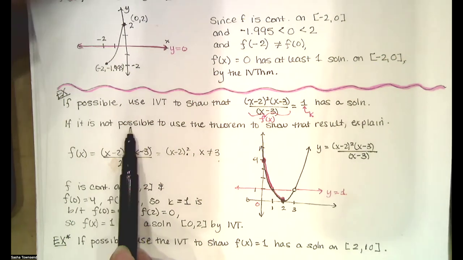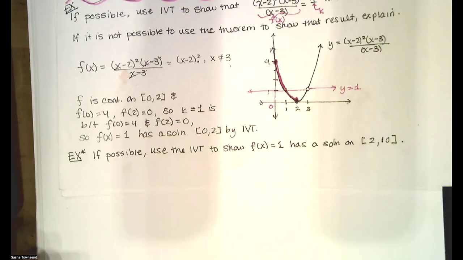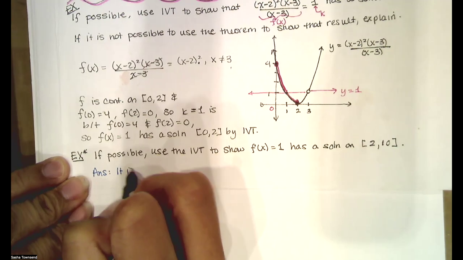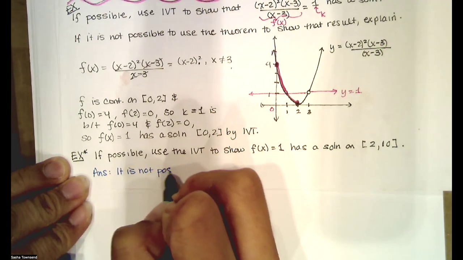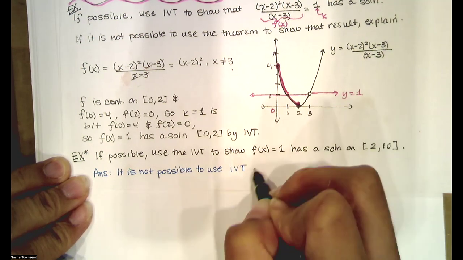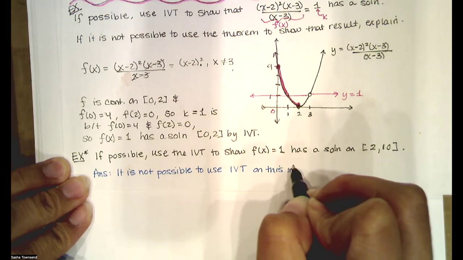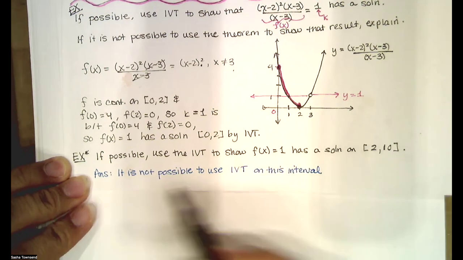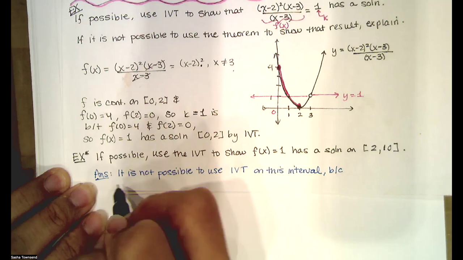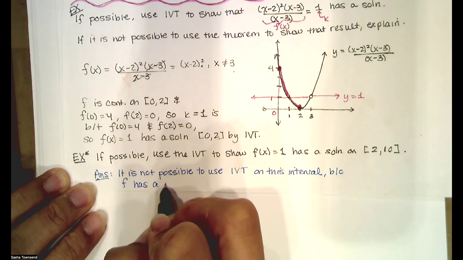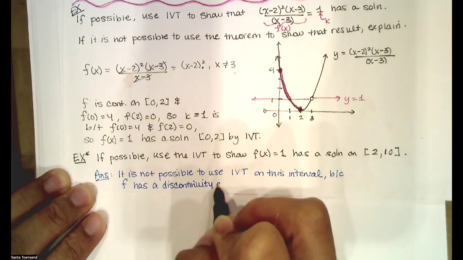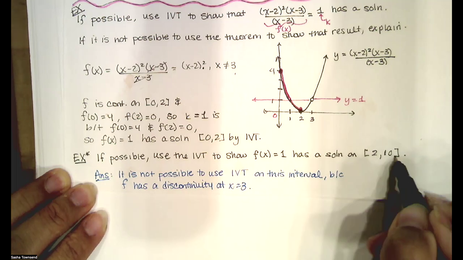So we'll say it's not possible to use the intermediate value theorem on this interval because f has a discontinuity at x equals 3, which is on the interior of that interval.